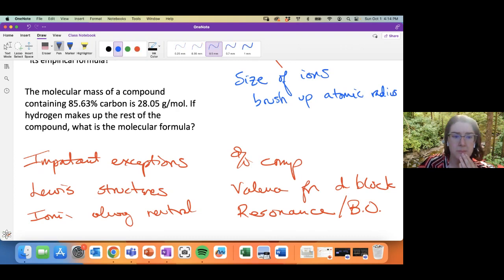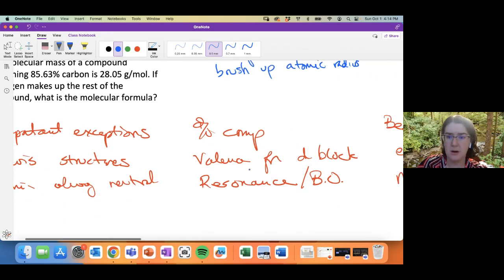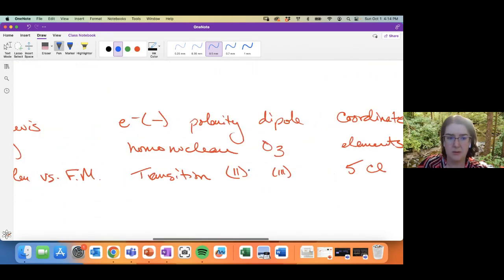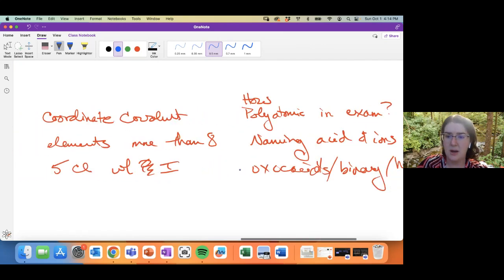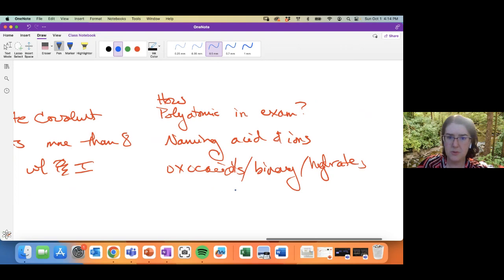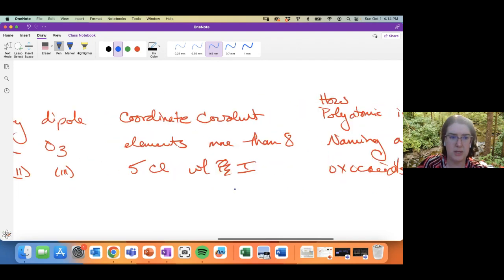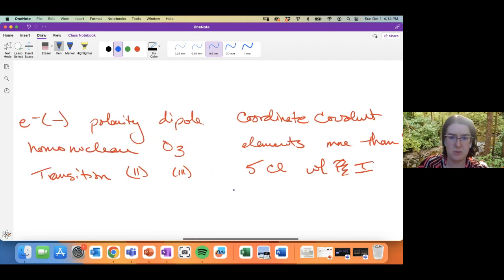Okay, so most of these are dealing with Lewis structures, which is not a big surprise. So what I'm going to do is let's go ahead and do some Lewis structure stuff.